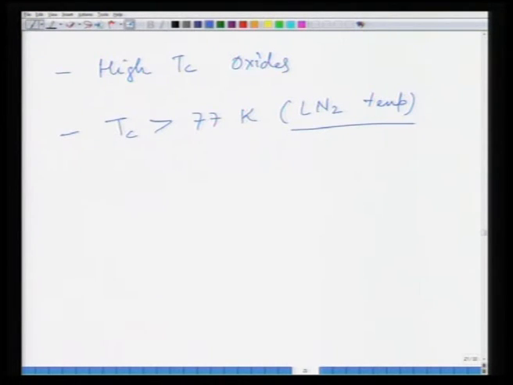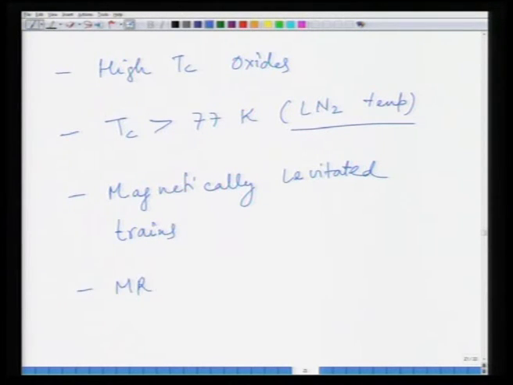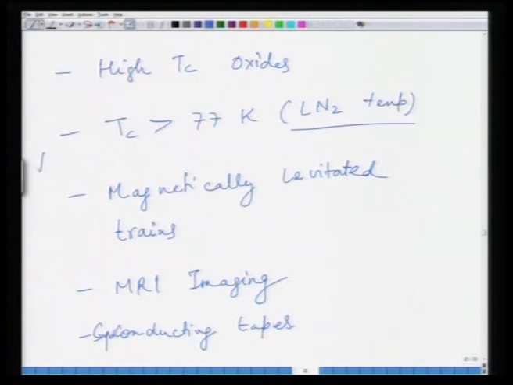These applications could be magnetically levitated trains, MRI imaging, superconducting tapes. A variety of applications have been proposed and some of them are already in use.